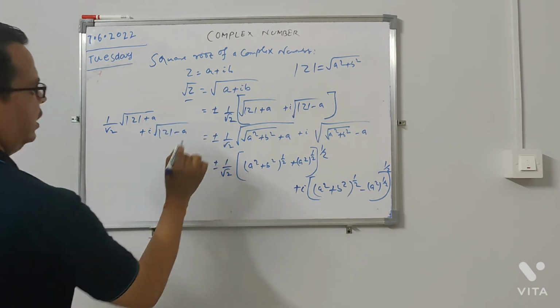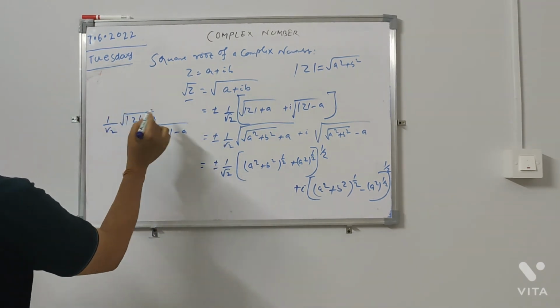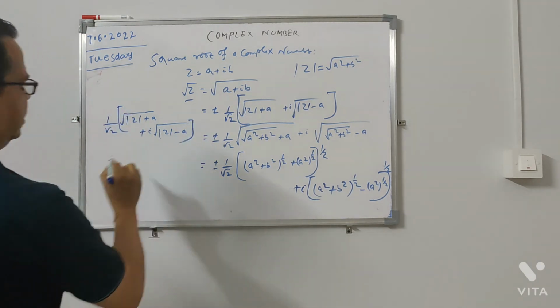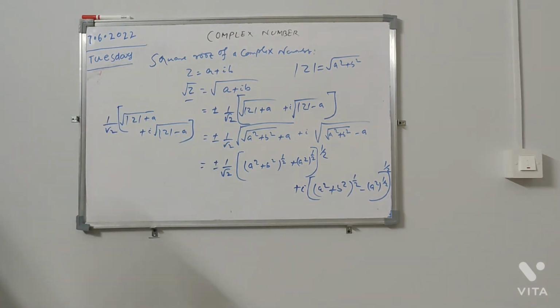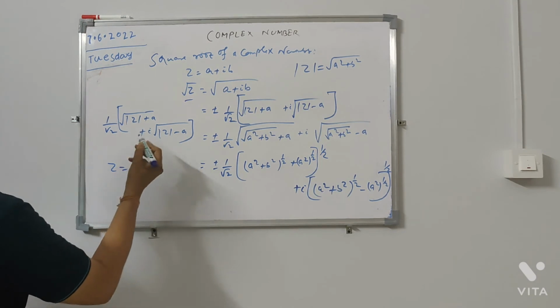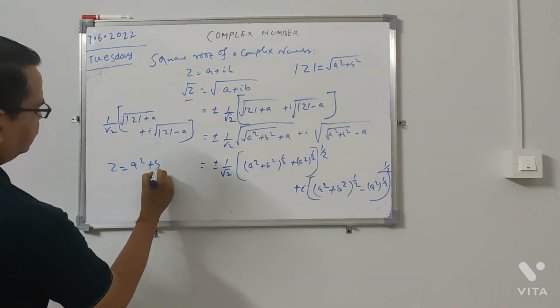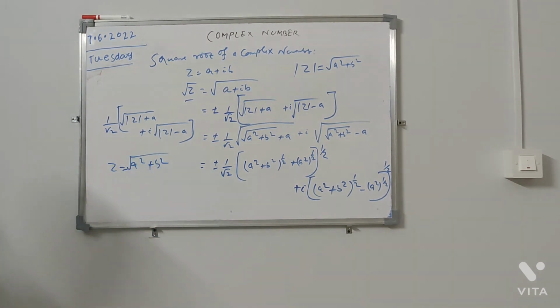So this is the formula. This we have to remember because we can find out z actually. z is nothing but the square root of a square plus b square, and that square root you can add with a.